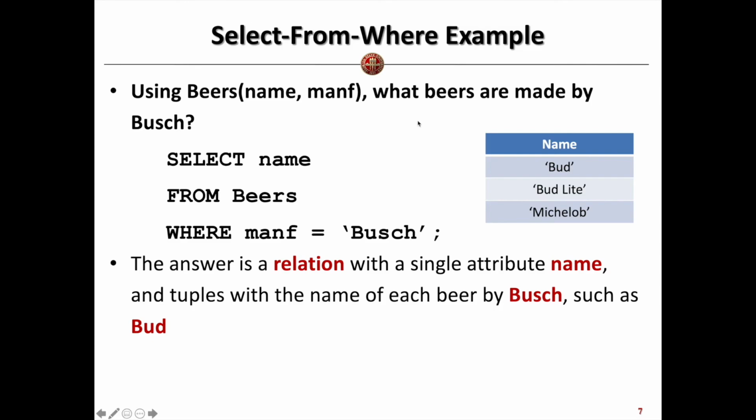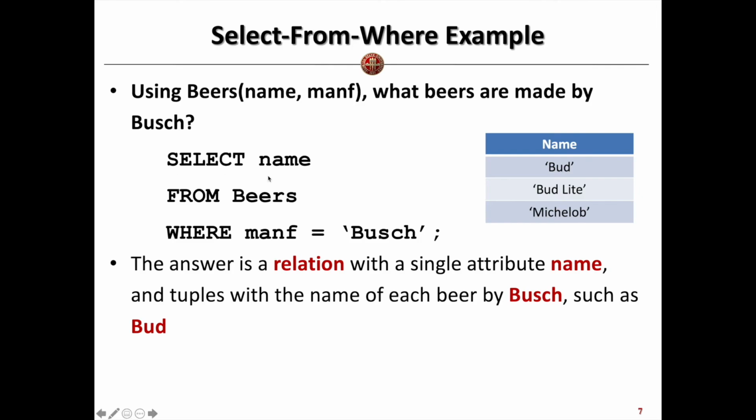And we plan to find the names of the beers, right? Therefore, we are doing the projection of name, and we have some condition here. We do projection name and selection manufacturer equals Bush, and we're working on the beers table, right? So when we translate this relational algebra expression into a select from where statement, we can write down the query like this.